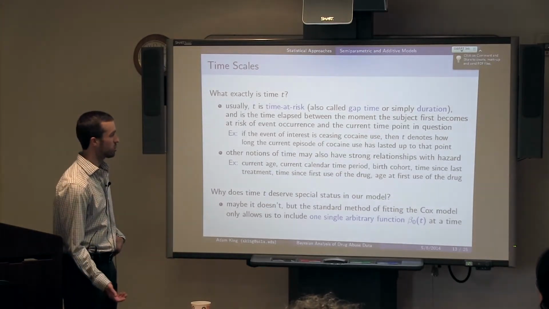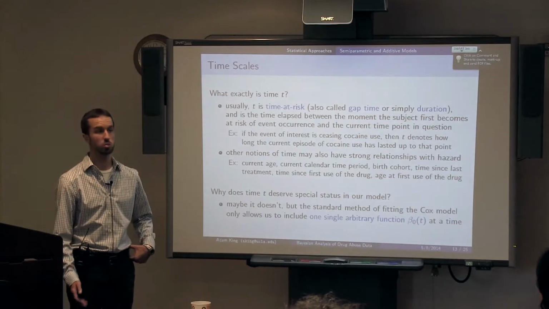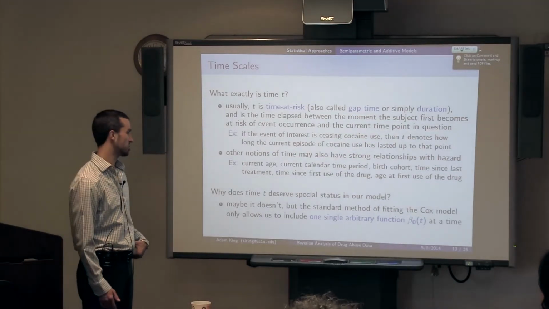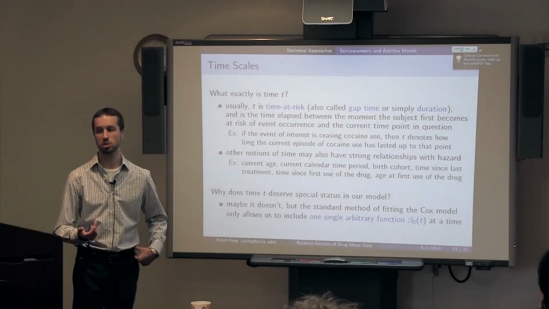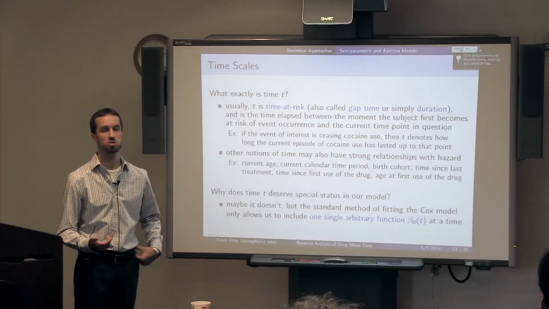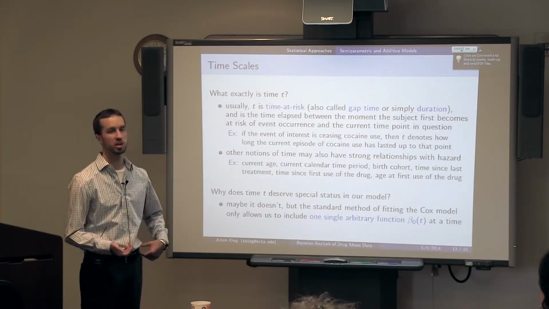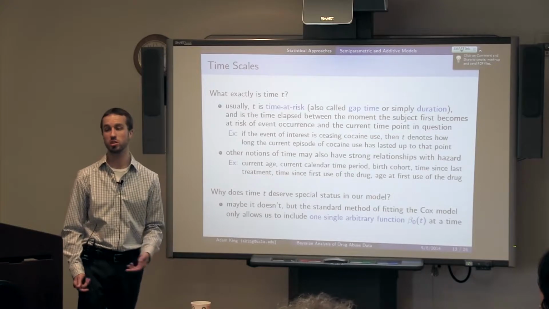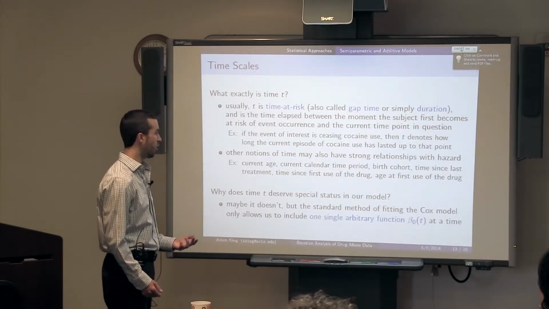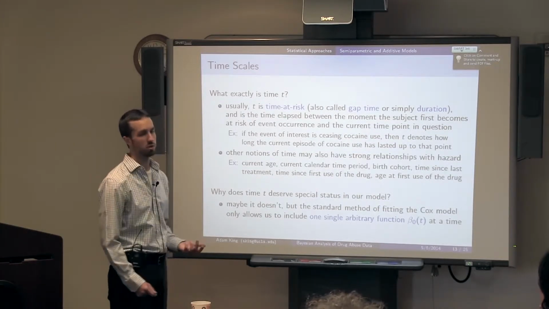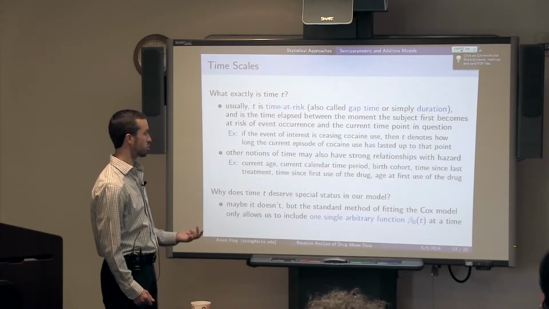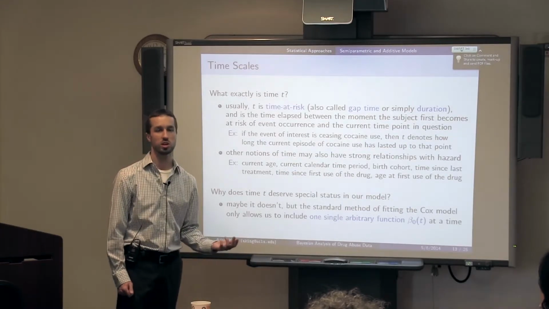But the thing is, other notions of time may have just as important relationships with the hazard rate. A subject's current age is another notion of time, which is going to be related to the hazard or risk of, say, ceasing cocaine use or beginning cocaine use or becoming incarcerated. Also, current absolute calendar time period is going to be important. As I'll show you a little bit later, we're looking at cocaine users in Los Angeles.